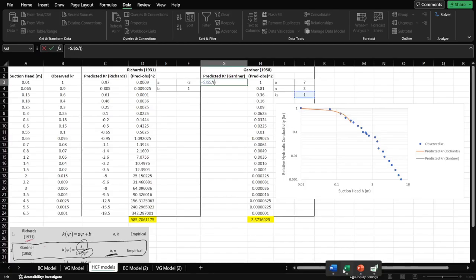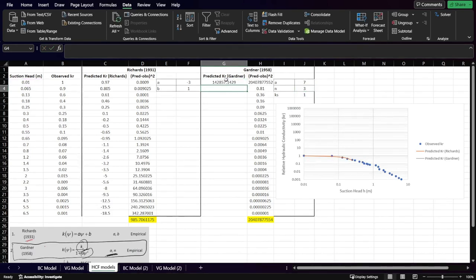Let's move here and write the value of a as provided. We'll log this and multiply by the value of psi, the suction head given here. Then we click here, take it to the power n, and log. These are the values we have obtained.